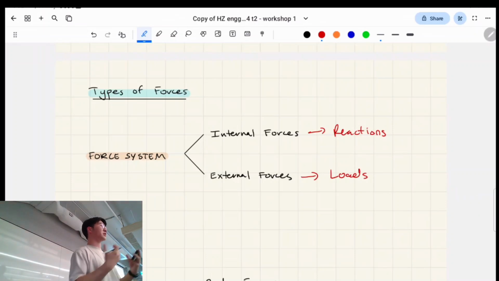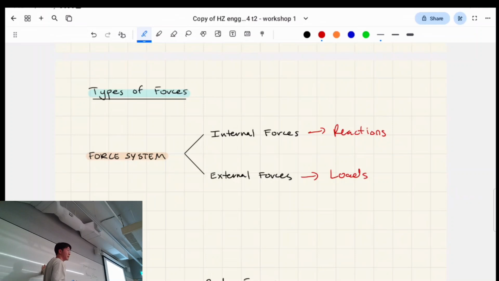So if you ever hear these words, what they mean is this. They're essentially internal and external forces, right? So if I push against this wall, I'm giving it an external force, right? It's just my body's mechanical energy or whatever. And the wall is pushing back at me because it's stopping the movement, right? It's staying still, and it gives a normal force back to me when I push against it, and that's called a reaction. So that would be an internal force on the wall.